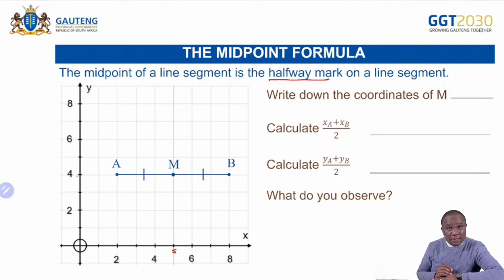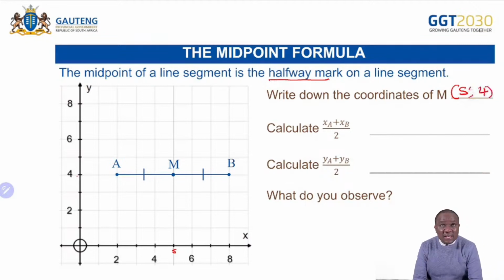The x-coordinate of M is what? 5, isn't it? And then the y-coordinate of M is 4. Okay? Right. Calculate xa plus xb divided by 2. Let's try to do that. What do you get?